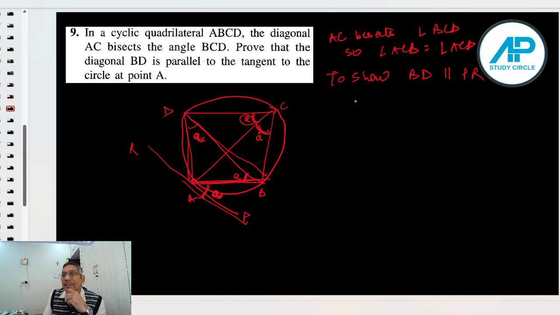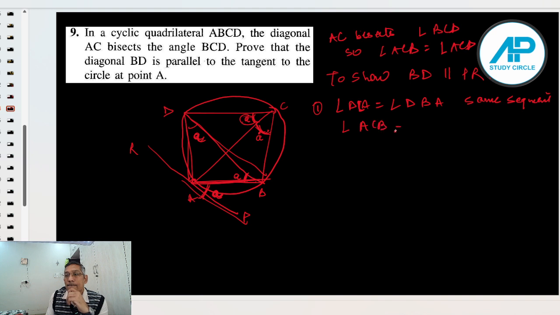I have shown you that AC is the bisector of angle C. Angle DCA is equal to angle DBA, same segment. Now comes the alternate segment.